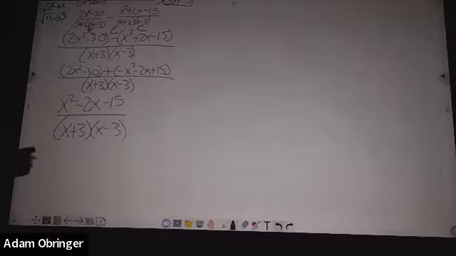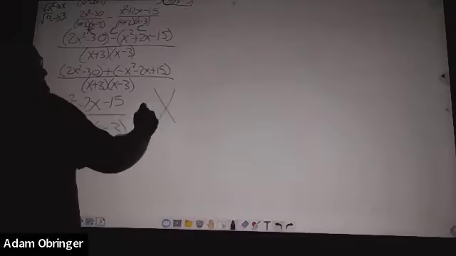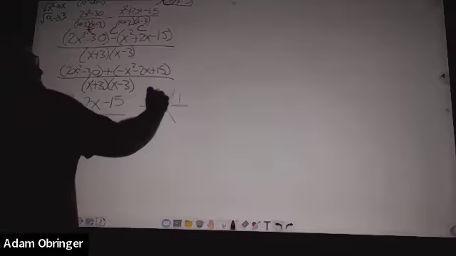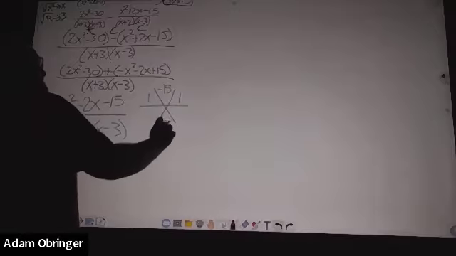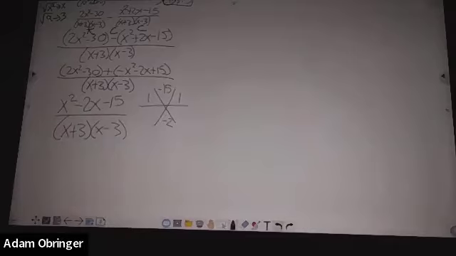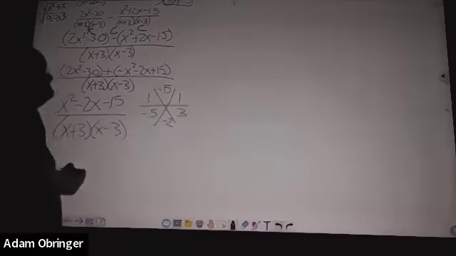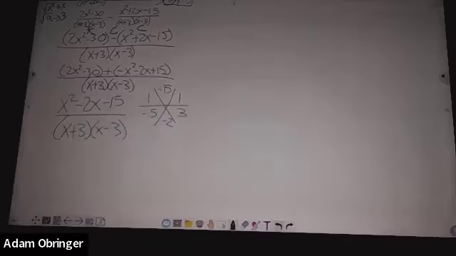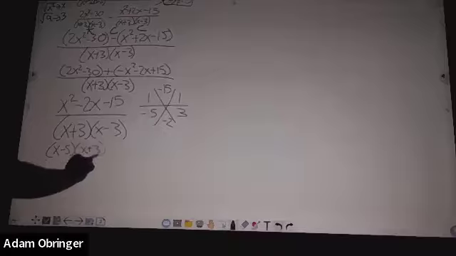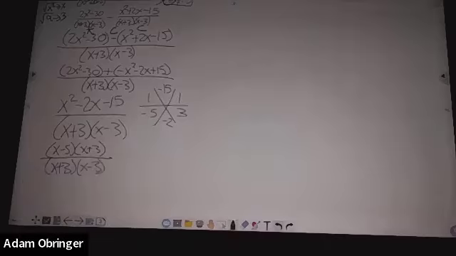That is going to be another asterisk. 1, 1, negative 15, and negative 2. The two numbers that multiply to be negative 15 and add to be negative 2 are a negative 5 and a 3. So our numerator is x minus 5, x plus 3, all over x plus 3, x minus 3.